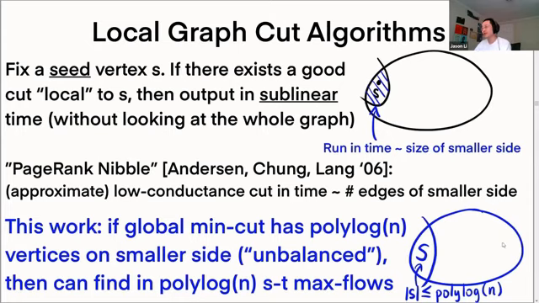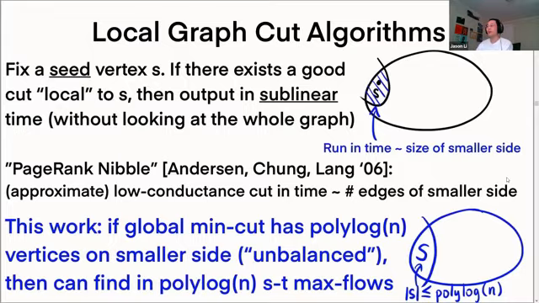Now the point is, we're not running an ST max flow procedure for every single seed vertex we guess. We're saving our work and showing that we can run essentially a local max flow algorithm from all the seed vertices at once in polylog ST max flows total. So you can think of every single seed vertex as having an amortized sublinear time. So that's the first concept we use.